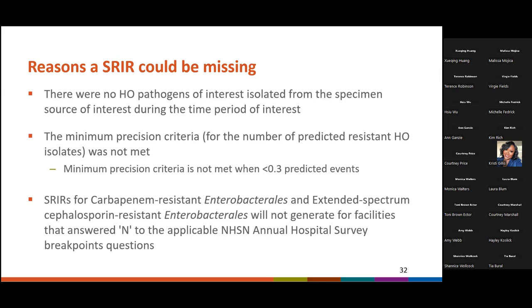Additionally, SRIRs for carbapenem-resistant Enterobacterales and extended spectrum cephalosporin-resistant Enterobacterales will not generate for facilities that answered no to the applicable NHSN Annual Hospital Survey breakpoints questions, and more on that in a few slides.